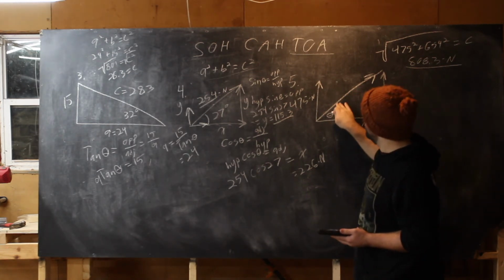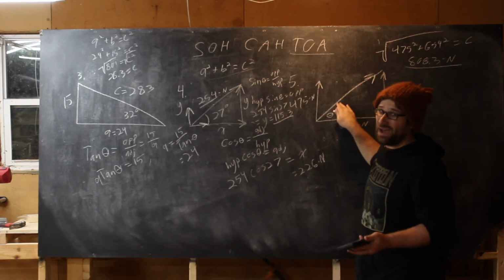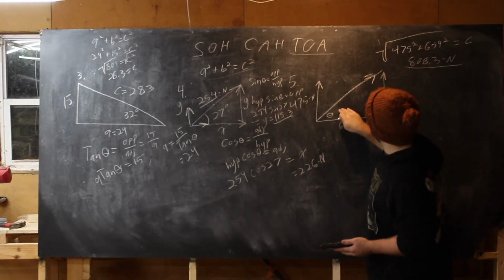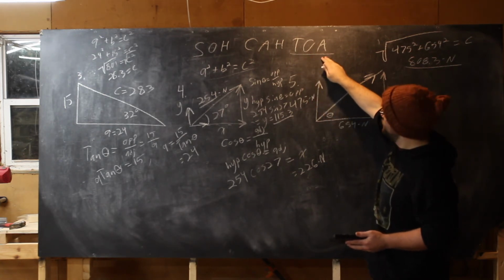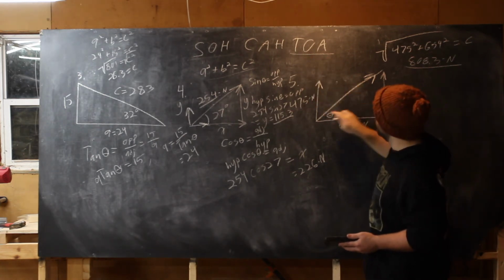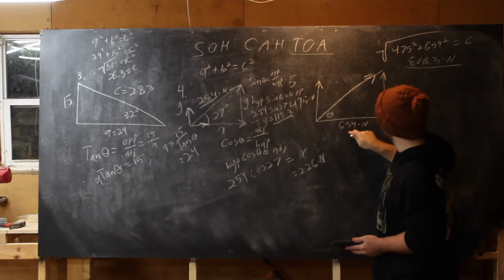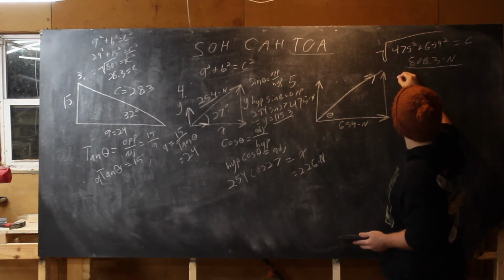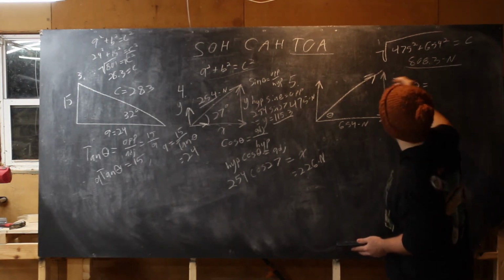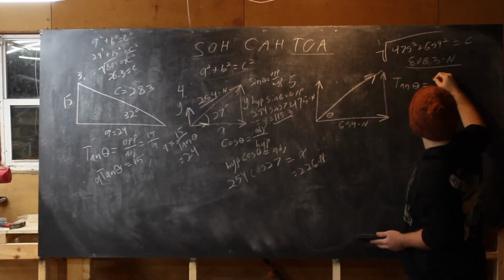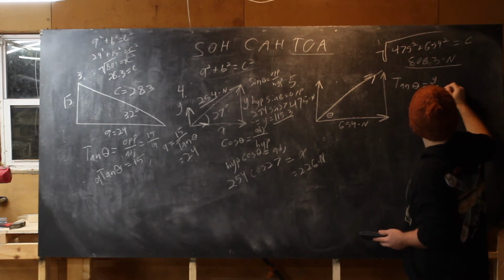Now, the way we find this angle, this theta right here, and we're using the angle off of the x-plane, and we're almost always going to be doing it that way, we're going to use tangent, opposite over adjacent, because we have the opposite, which is this 475, over the adjacent. So, tangent theta is equal to y over x.